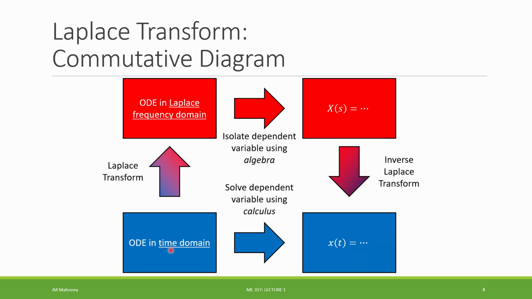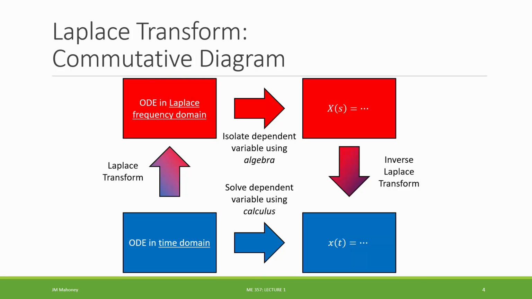That is to say, let's say that x is our dependent variable. Our ODE will have an x dot, an x double dot probably in it. Now, one way we can go from our given ODE to our solution, which is in this bottom right box, we want x of t equals whatever the solution is. Well, we could just go directly there, and we can solve our ODE for our dependent variable using calculus.